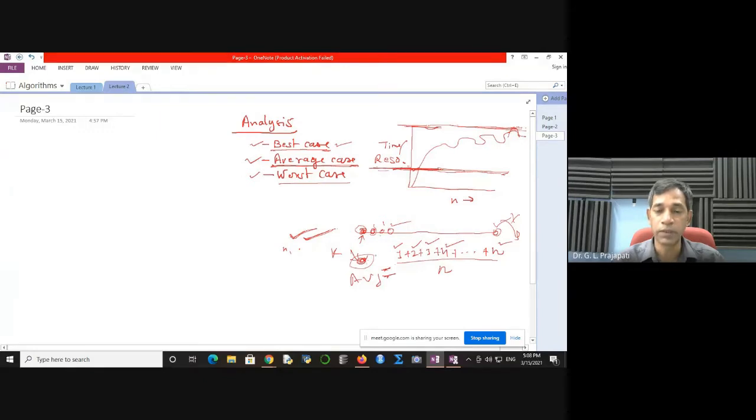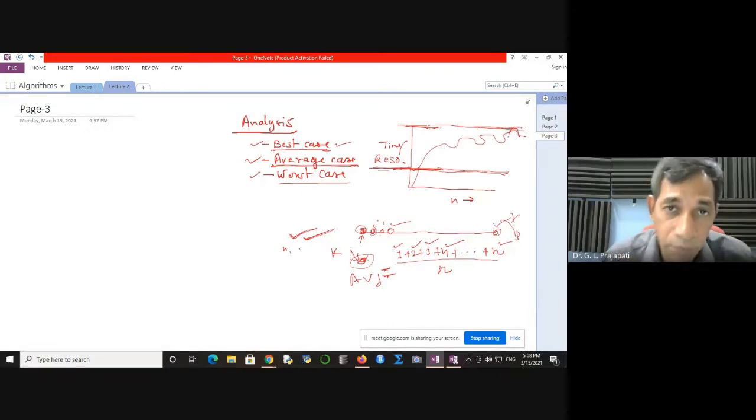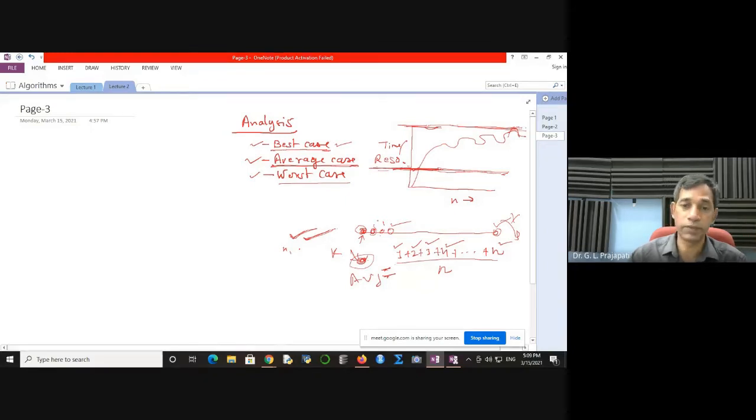This means there is an equally likely probability that the item can be found at the first location, the second location, the third, the fourth, the fifth, or another location. So here you have to use the concept of probability theory to believe that it has an equally likely probability of being the ith element. And then this is the average case analysis.